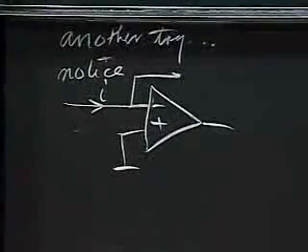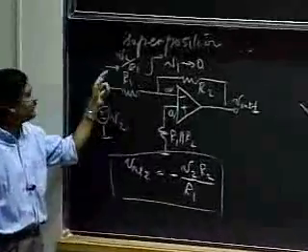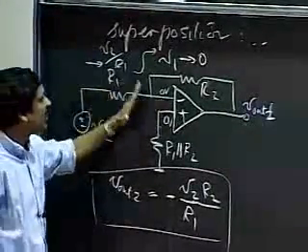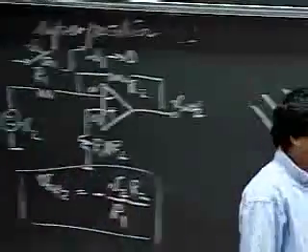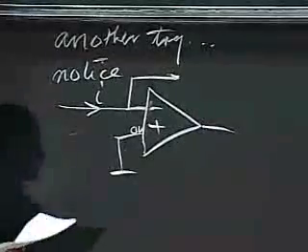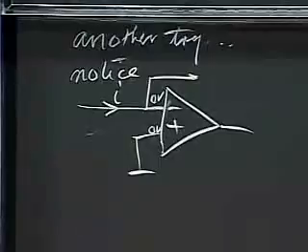Look at this picture. I had a current I flowing in here, V2 divided by R1, and because this resistance was infinite, all the current went through the upper terminal. So this is 0 volts, and by the V plus equals V minus method, this is also more or less equal to 0.